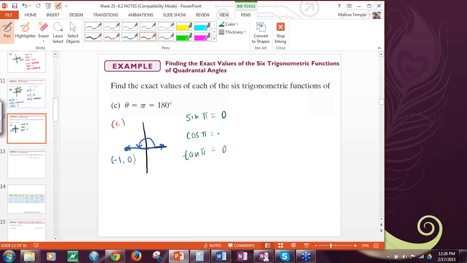That's 0. Cosine is negative 1. Tangent of pi is 0 over negative 1, which is 0. Cosecant of pi, we would divide by 0, so that's undefined. Secant of pi would be 1 over negative 1, so negative 1. And cotangent of pi, again, trying to divide by 0, undefined.